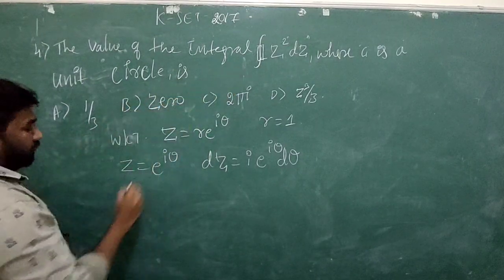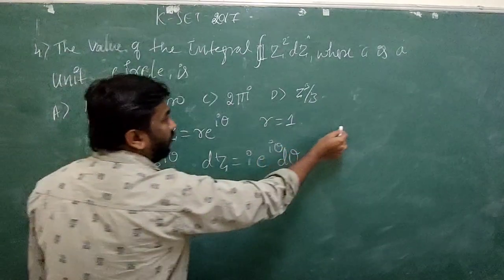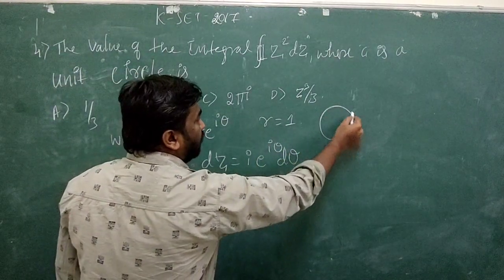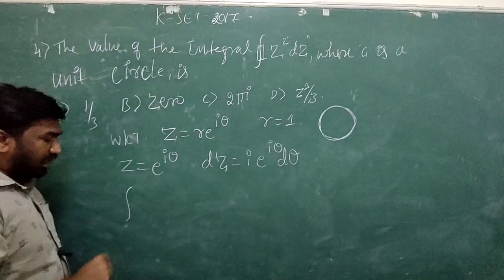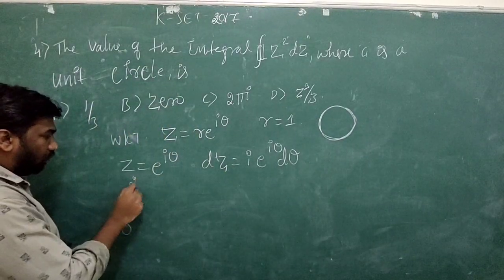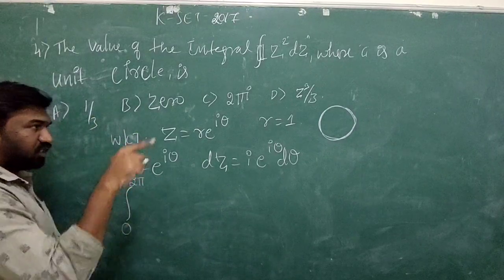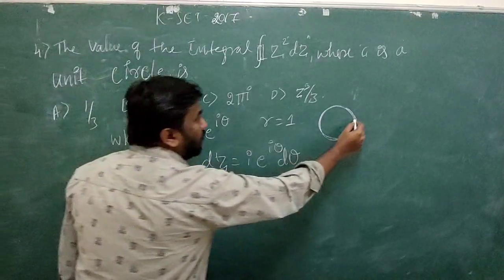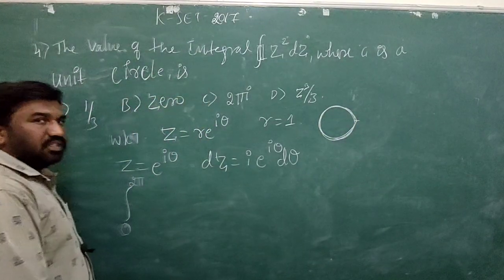Therefore, the equation becomes an integration over a unit circle, and the circumference of the circle varies from the limit 0 to 2 pi, that is 0 to 360 degrees. If I start from here, to complete one circle it takes 360 degrees.